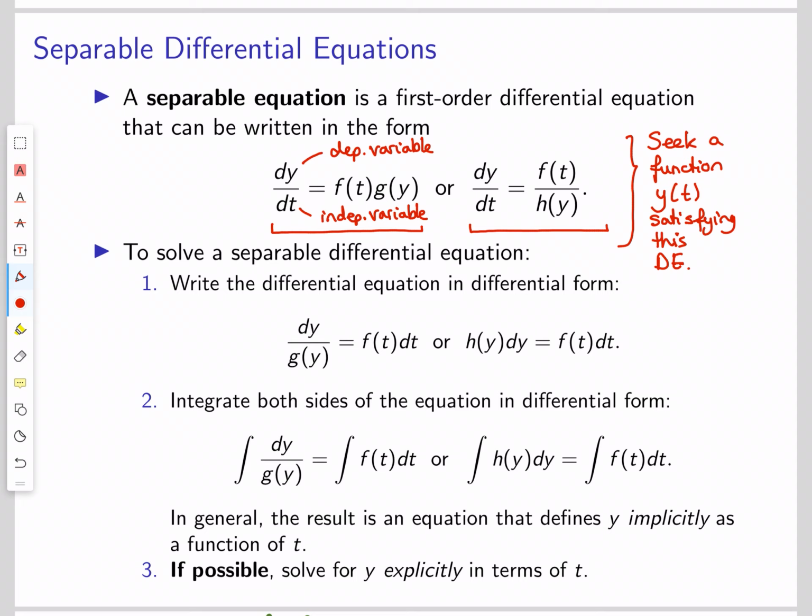Here I've got the dependent variable on the left-hand side and the independent variable on the right-hand side. And I can do the same thing for the second form. So what we've done here is we've got the dependent variable on one side and the independent variable on the other side.